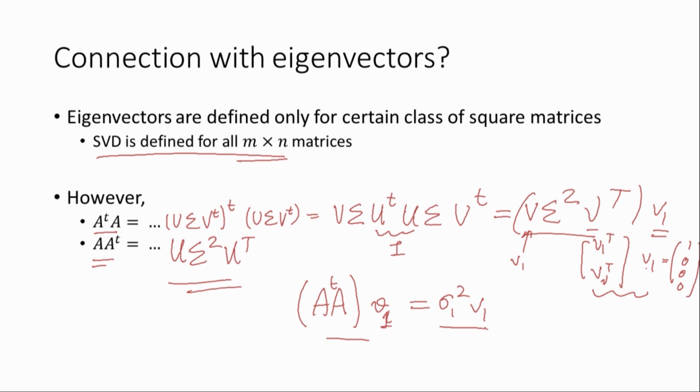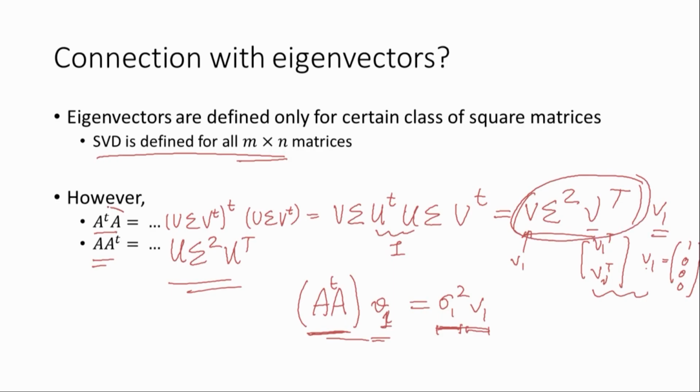What does that look like? This starts looking like eigenvectors and eigenvalues, right? You multiply this matrix A transpose A with a vector, and you get back a scaled version of that vector. In fact, this is exactly the eigenvector decomposition of the matrix A transpose A, and this is exactly the eigenvector decomposition of the matrix A A transpose.